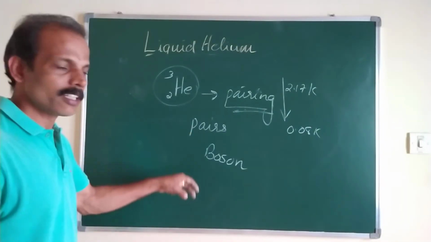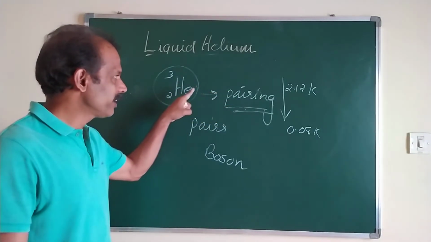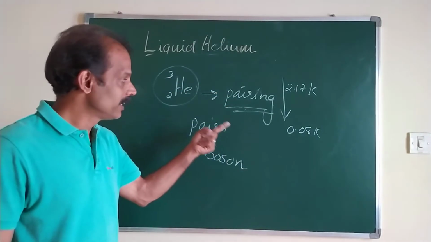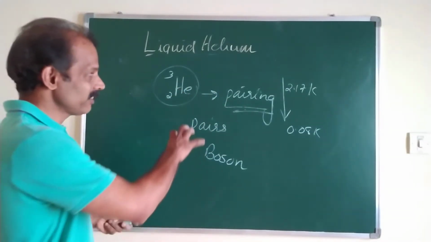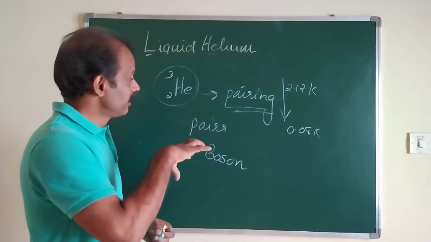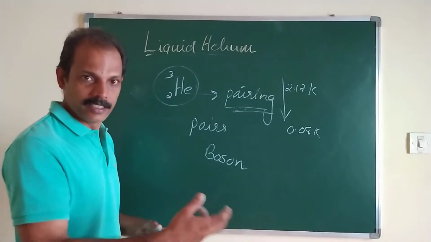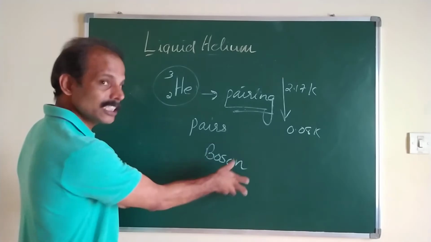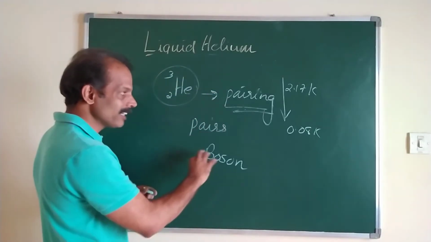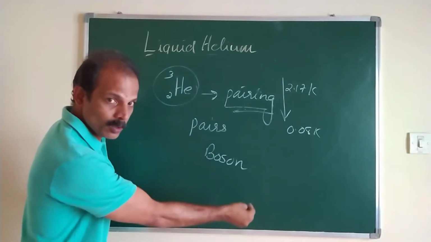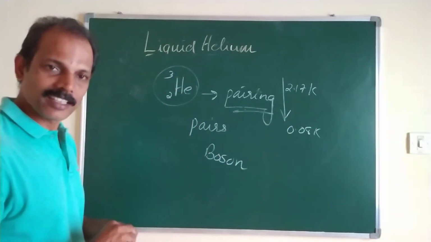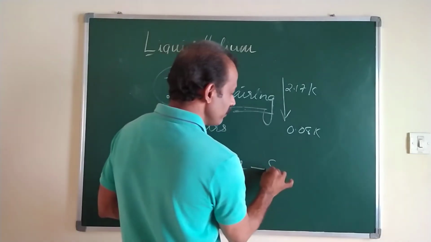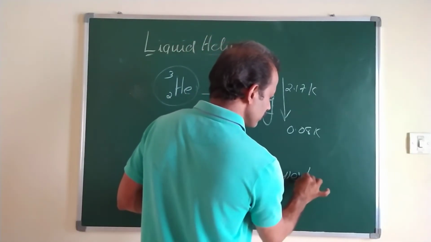At very low temperature it undergoes pairing, or helium-3 exists as pairs, and due to the pairing it is converted to a boson. Boson converted means its spin angular momentum value changes and it behaves as a boson. We can say it behaves as a boson at very low temperature. When it behaves as a boson, it undergoes Bose-Einstein condensation and shows the property of superfluidity.